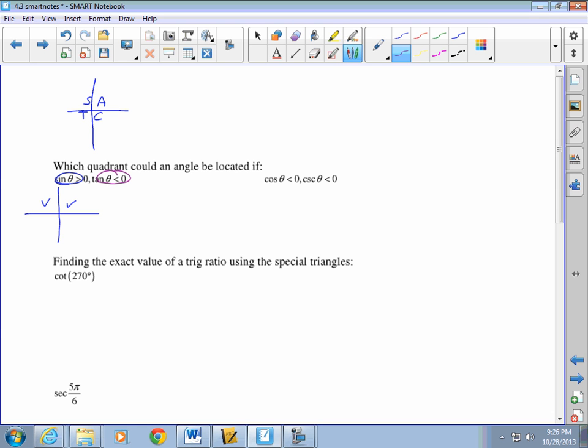Tangent is positive in quadrant 1 and quadrant 3, so it's negative in quadrant 2 and in quadrant 4. So where are both of these restrictions possible? Well, right here. So which quadrant could this angle be located in? This would be in quadrant 2.